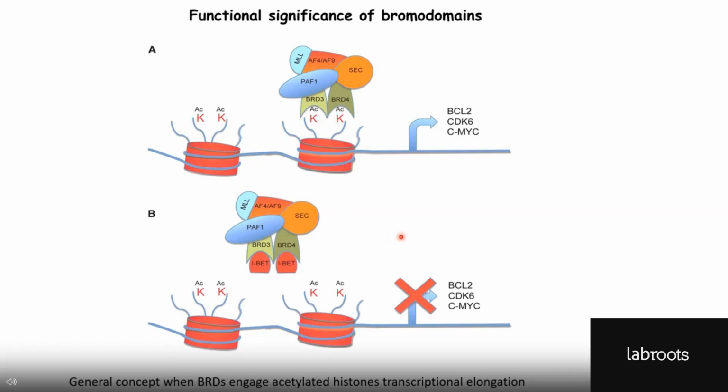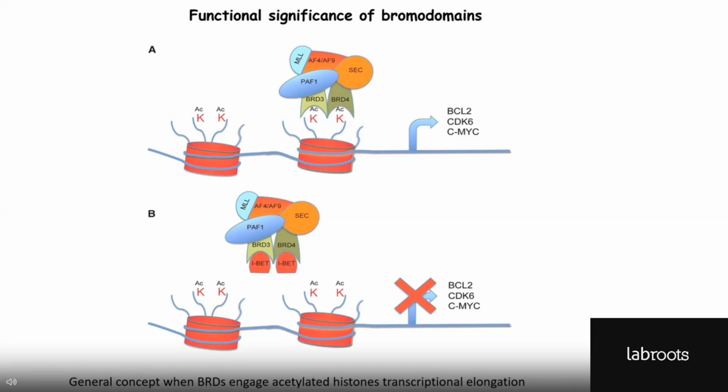However, the claim to fame for inhibiting c-MYC, which was a non-druggable target for a long time, was with the advent of these BET inhibitors, which could block BRD4 from binding to these acetylated nucleosomes situated on target genes like c-MYC and CDK and BCL2 and block transcription. And so this was an important discovery, and that spun off a whole field of epigenetic inhibitors targeting BRD4 or BET proteins, essentially.